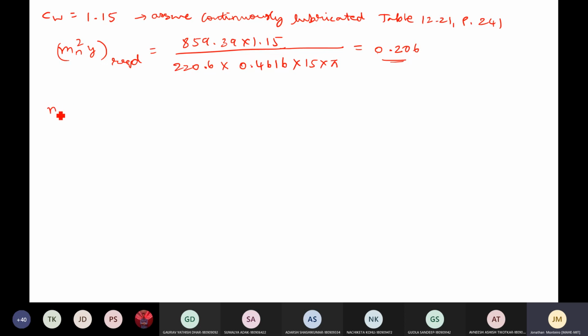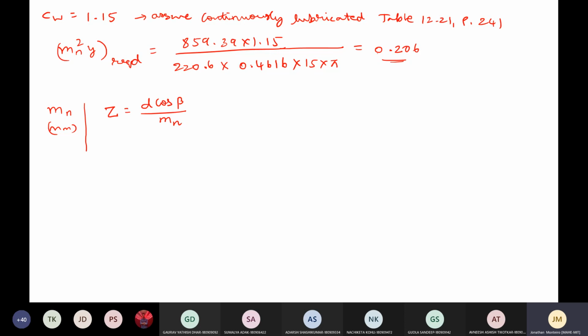Okay, once you get this value, go for iterations, mn normal module in mm. Next, what should be there? See, d is already known, so z should be d cos cube beta by mn. D cos cube beta by mn.